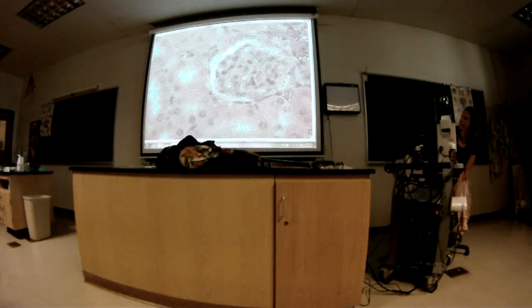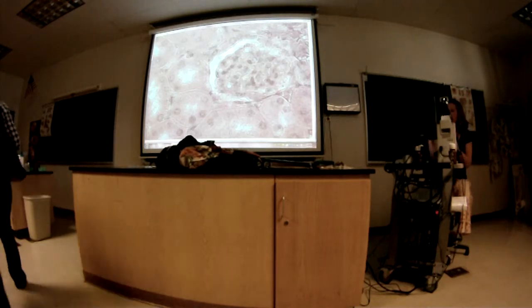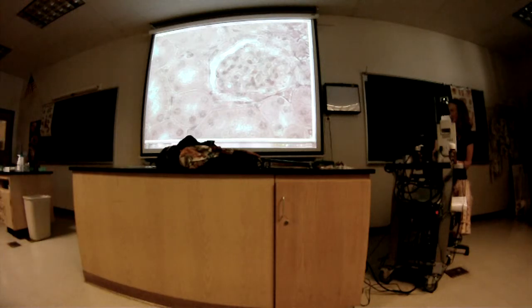Parietal epithelium. You could say of the Bowman's capsule, but parietal epithelium is fine. The visceral epithelium, which isn't on your lab list but is part of your list today for models, is on top of the glomerulus. So the visceral epithelium would be here. It's the same deal that you've learned over and over with parietal and visceral: the parietal one lining the wall, and the visceral one right on the structure or the organ.